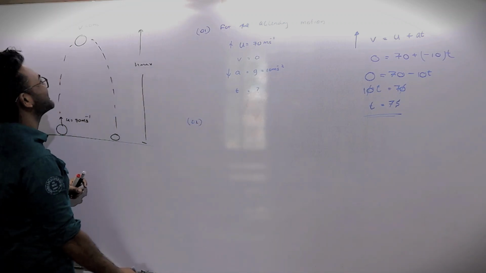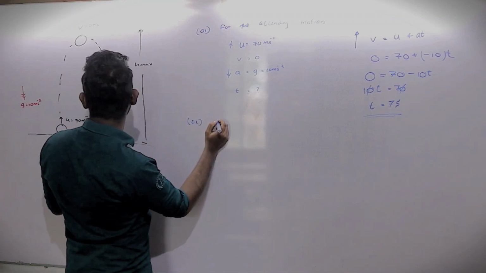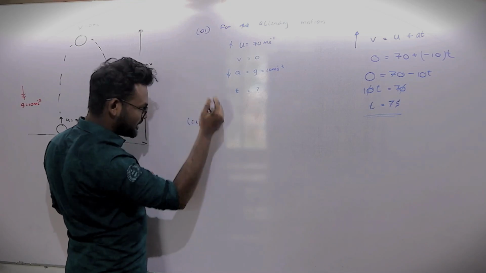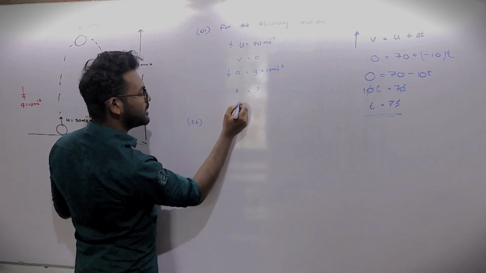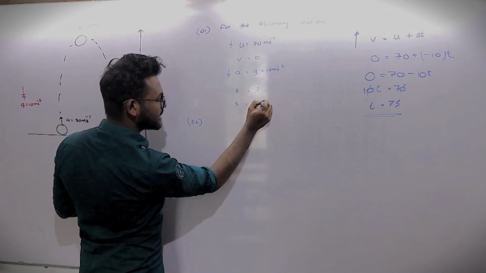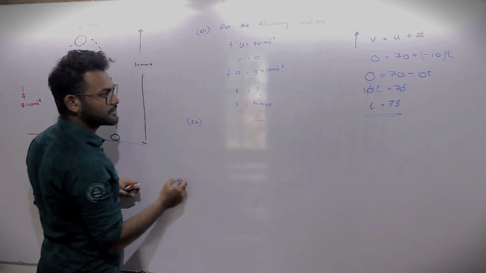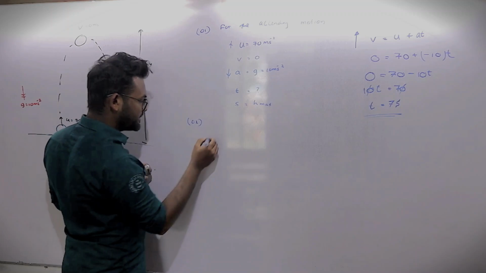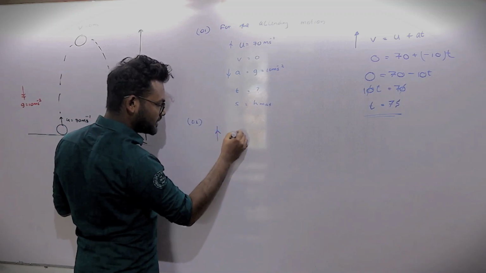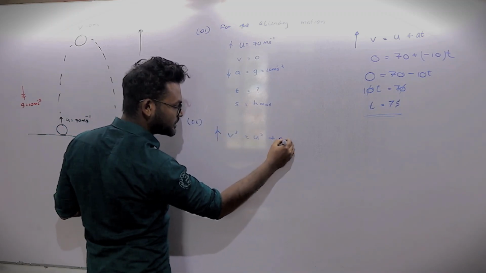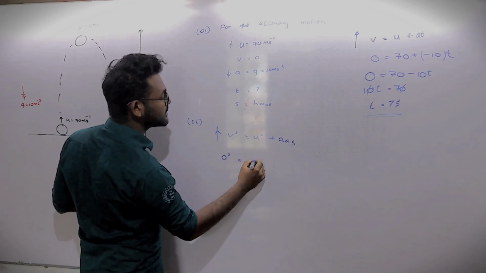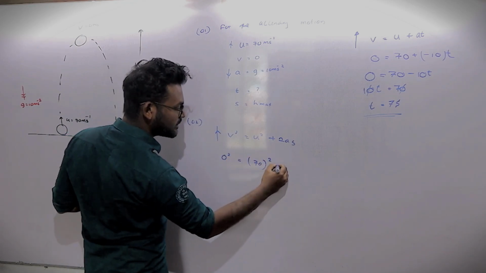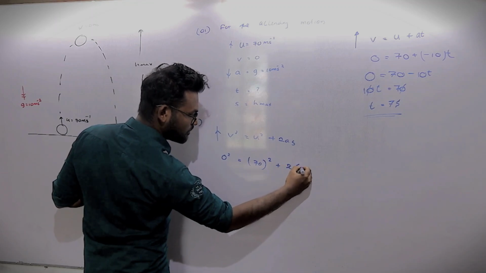Okay, going to the second part. Unnecessary information, right? Now second part, the maximum height. You can use the same data, but we need to find the s now. s equals h max. Well, simply I could put upwards v squared equals u squared plus 2as. v squared is 0 squared equals 70 squared plus 2 into minus 10.